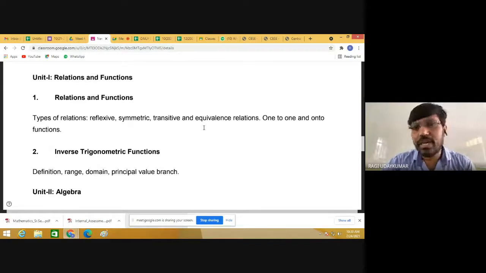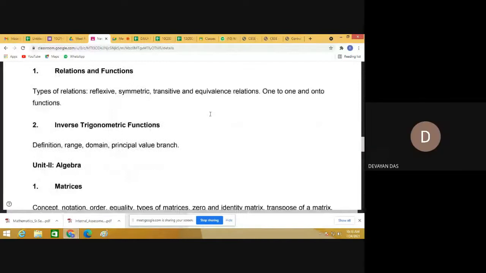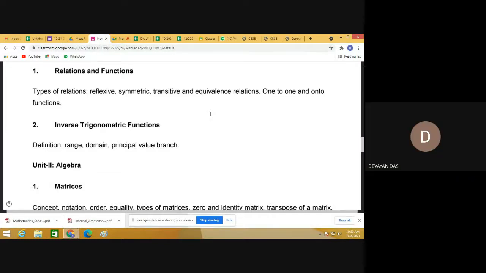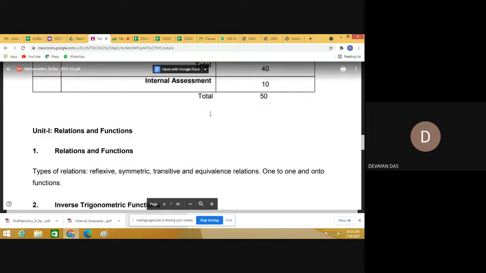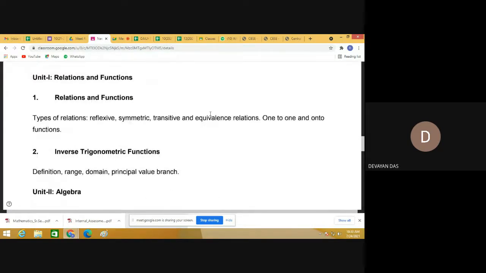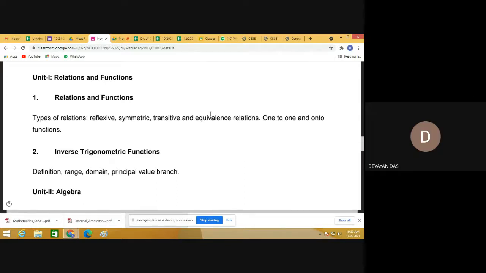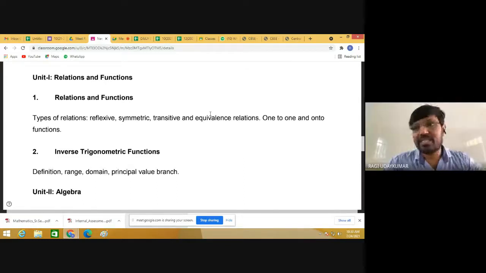A student asks whether binary operations and finding the inverse function are there. Binary operations and the inverse function are not mentioned here in term 1.